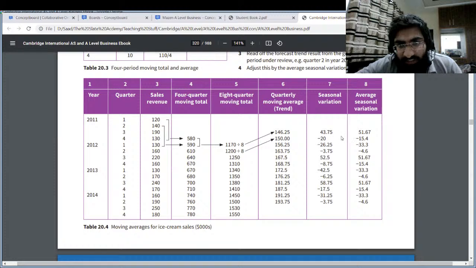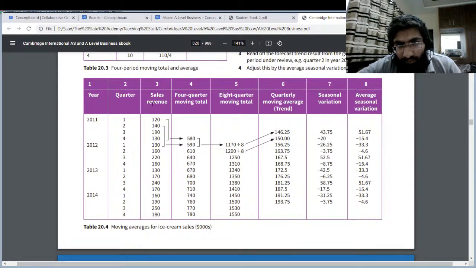So what I do next is say that in quarter 3, the seasonal variation, the variation of this moving trend from actual, is 43.75. 190 minus 146.25. So actual sales revenue minus the quarterly moving average is the seasonal variation.